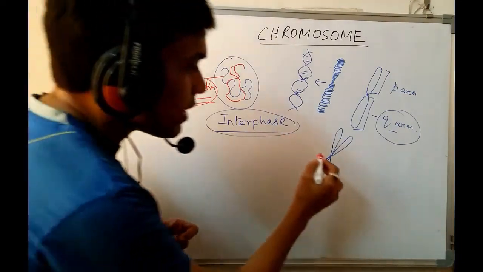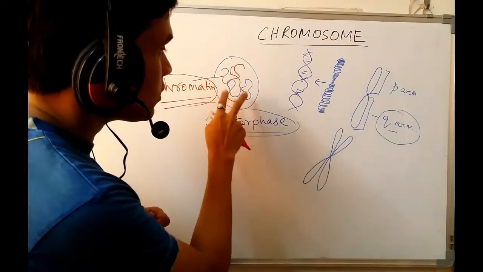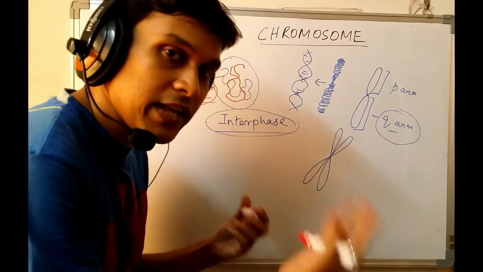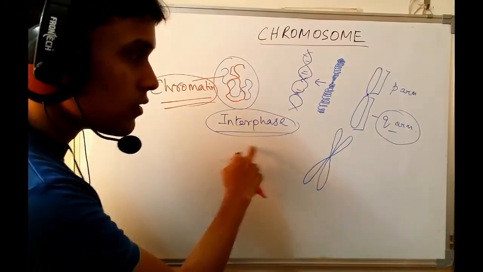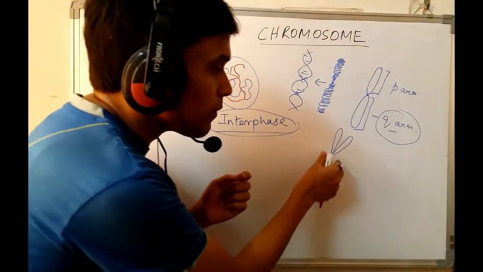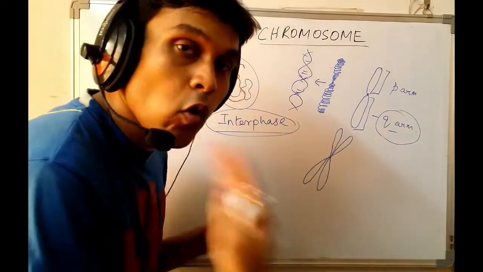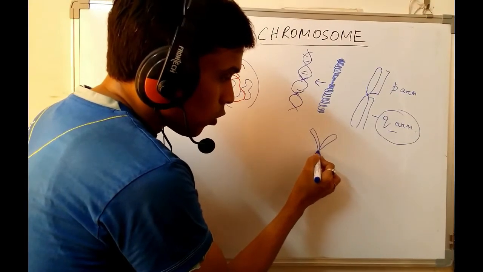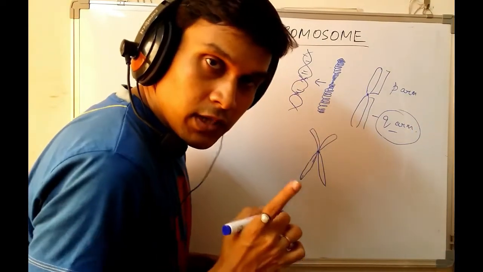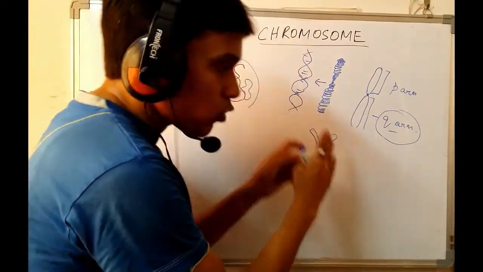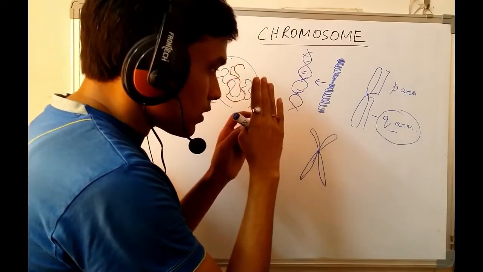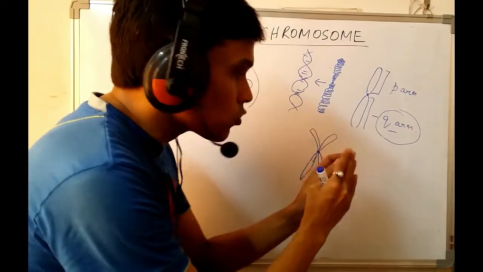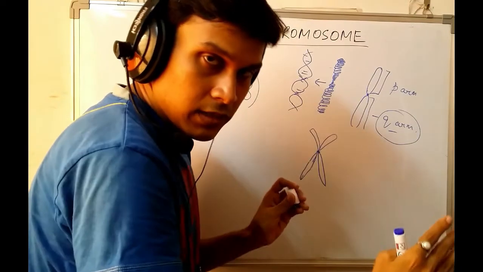But after this interphase, when the chromosomes get replicated, the chromosome makes another copy of its own. It is held together at the centromere position. The replicated chromosome, just after replication, is not separated from the other copy.